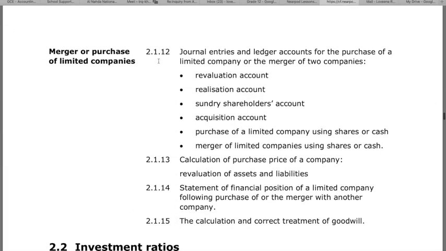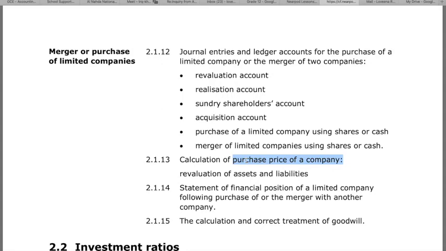Here we will revisit partnership. Remember the last chapter in partnership, I told you we're doing only one part of this chapter, the other part is coming in the A level. This is the one. Here we'll be looking at merger or purchase of limited companies. The element of challenge here is the calculation of purchase price. In the sense, there is no hard and fast rule, or one way.